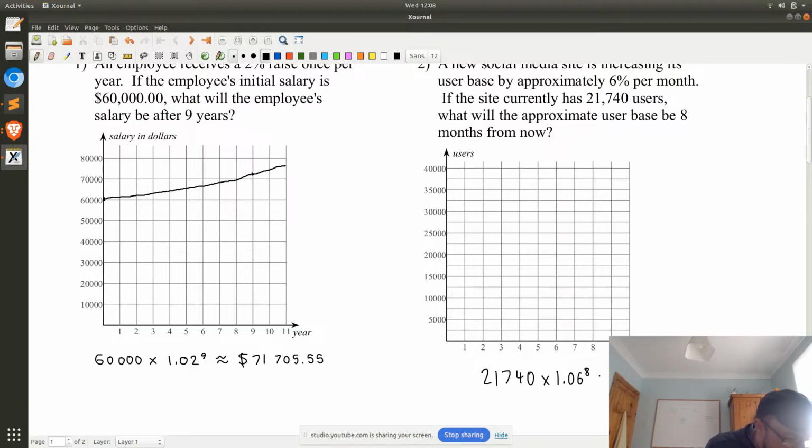And we get 34,650. And here it is, and that'll be an increase. It'll just be going up quite a bit.